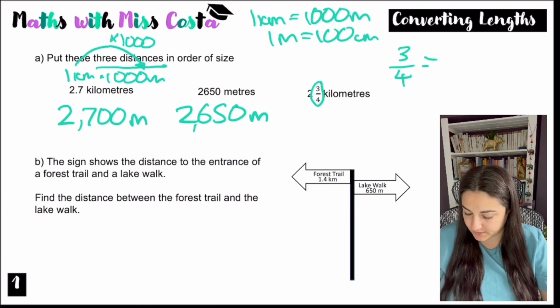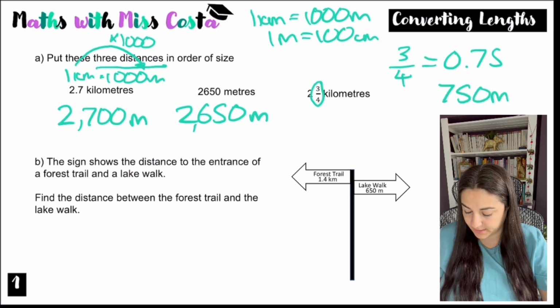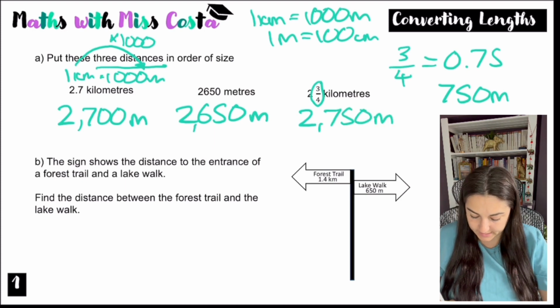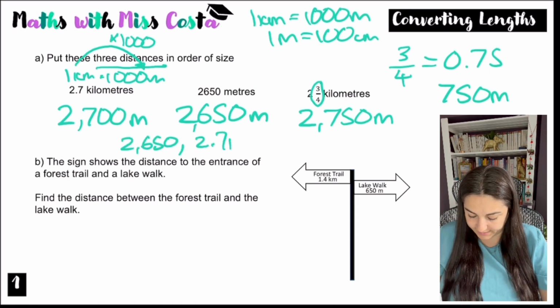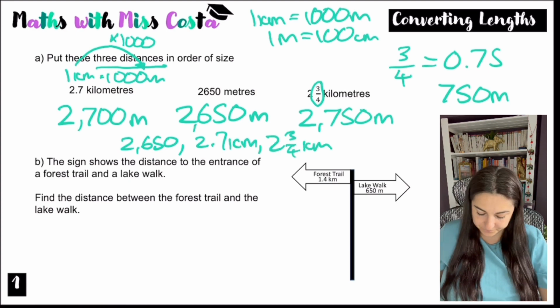Hopefully we know that 3/4 is the same as 0.75. So 3/4 of a kilometer would be 750 meters. So 2,750 meters is what this would be. So in order of size, I'd say 2,650 meters, 2.7 kilometers, and 2 3/4 kilometers.